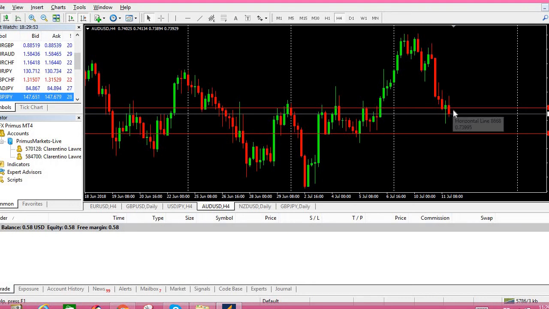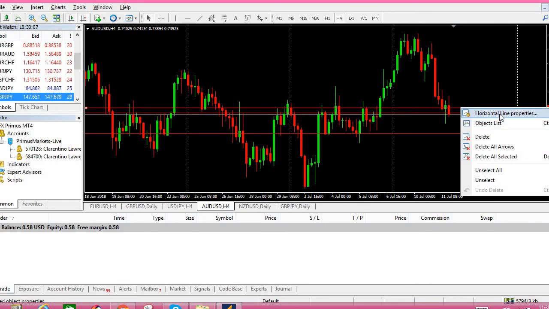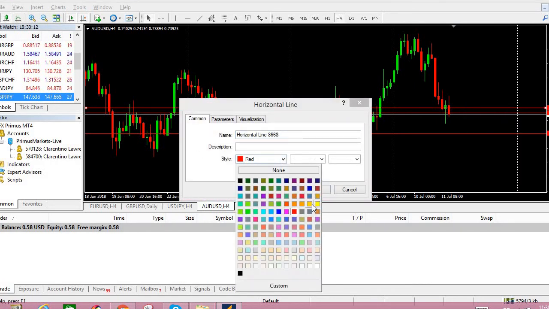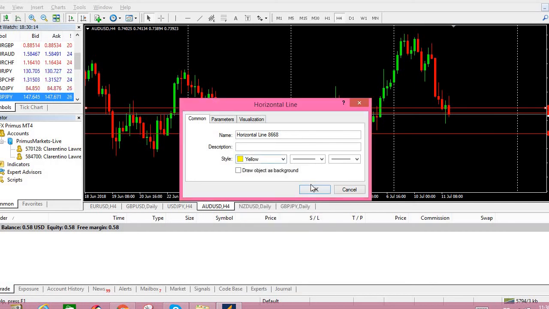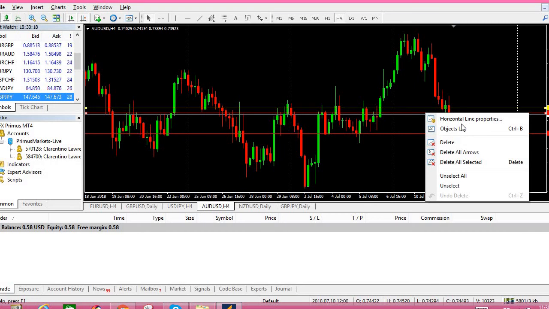I'll make a line here. This is going to be my entry zone, a very solid entry zone, between these two yellow lines.